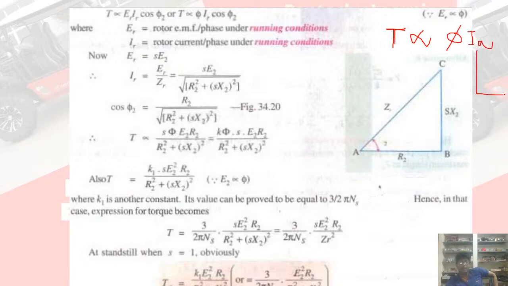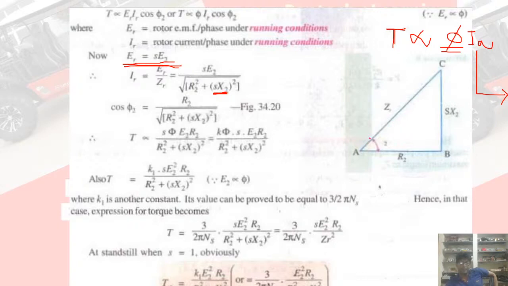In this case, the armature current, if you see the equivalent circuit I showed earlier, is I2, and this flux is proportional to the rotor voltage, which should be slip times the voltage E2. The current flowing through the rotor is ER by ZR. As I told, it is the rotor side, so it should be slip times.